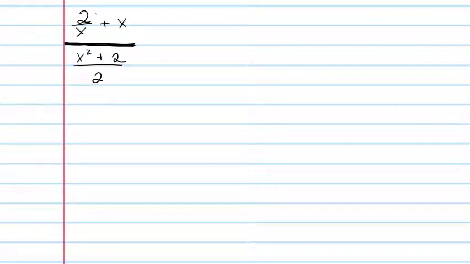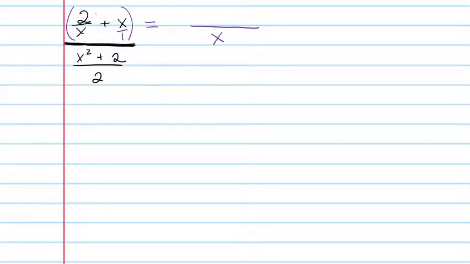Okay, so we're going to do this one like we did the other one. We've got an add problem in the top, but if you'll notice, the bottom is already a single fraction, so we're not going to do anything with that one. But this numerator we want to put together. And so again, we're going to get our common denominator. Our common denominator is x.